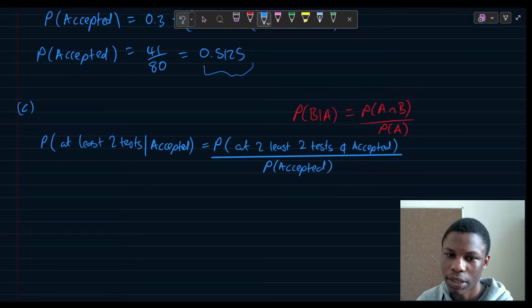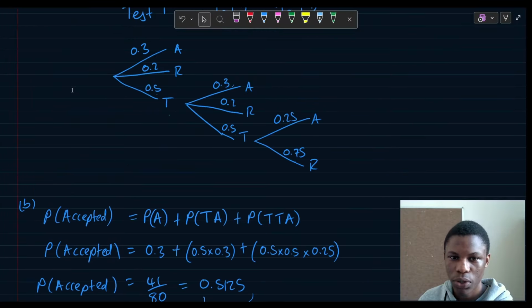We need to figure out the numerator. They're saying you have to take at least 2 tests and get accepted. Going to our diagram, there are 2 ways that can happen. I can take test 1, then I'm told I should take another test, and then I take the second test and get accepted.